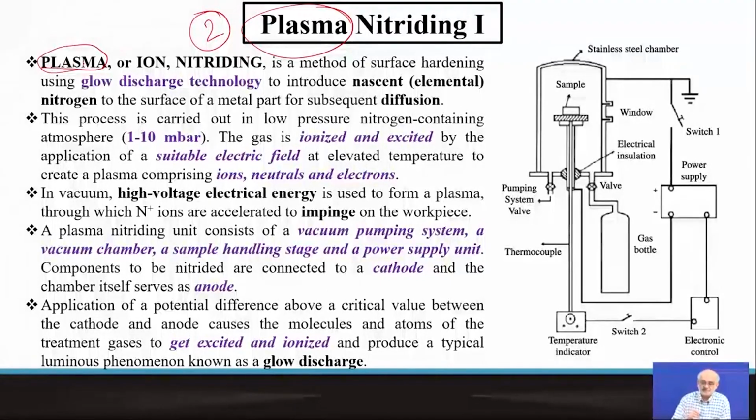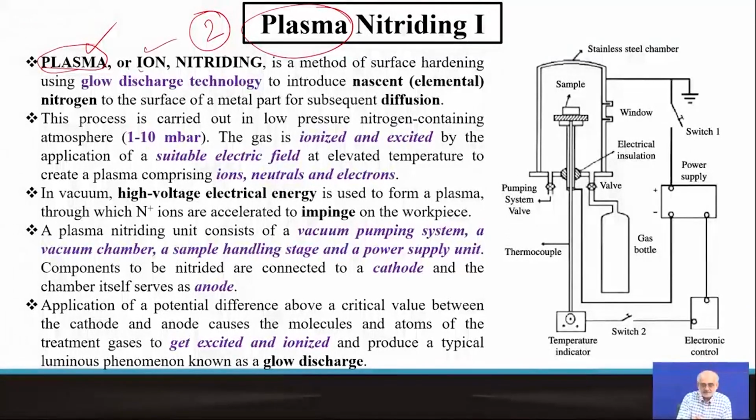So ions, electrons, and neutrals together is the state of plasma, which is a metastable state and can be created either by very high thermal activation or electrical discharge or some other mechanisms.